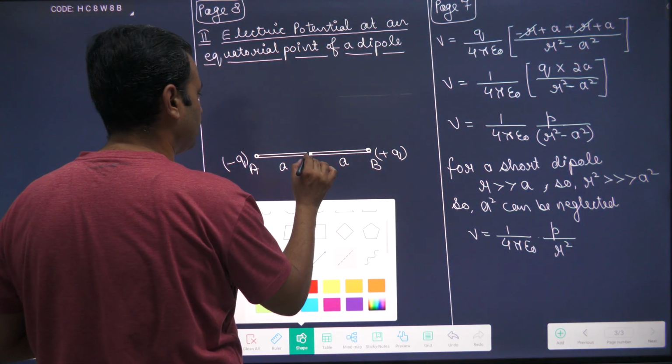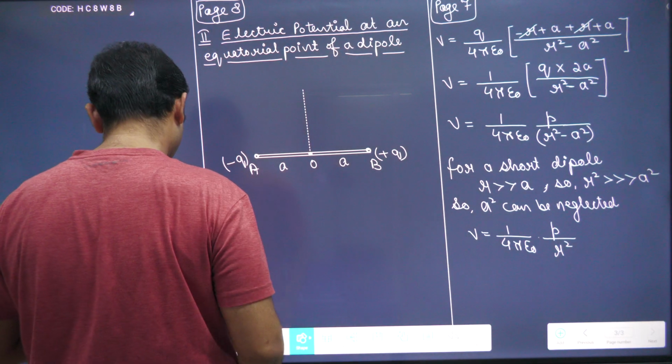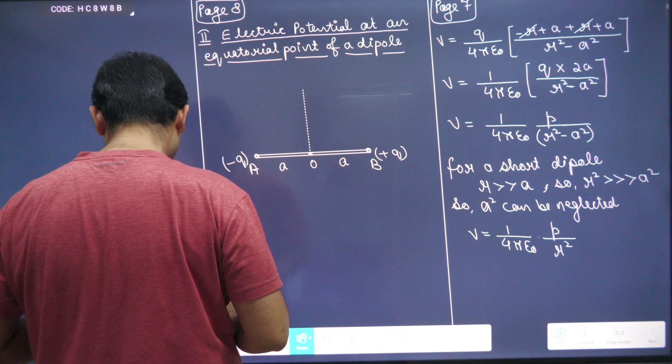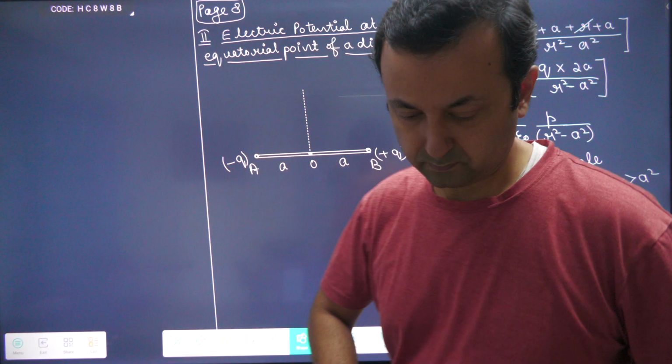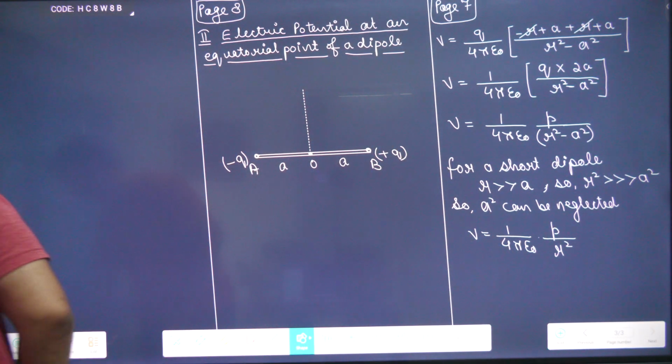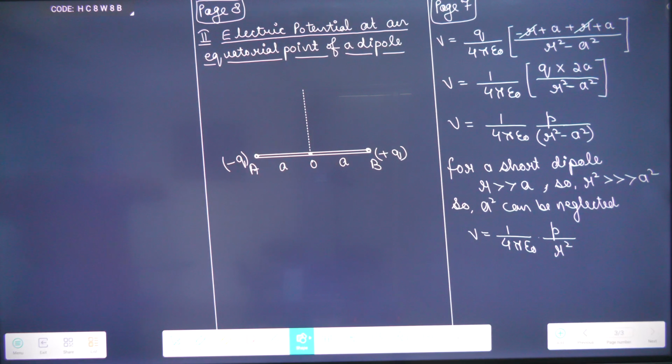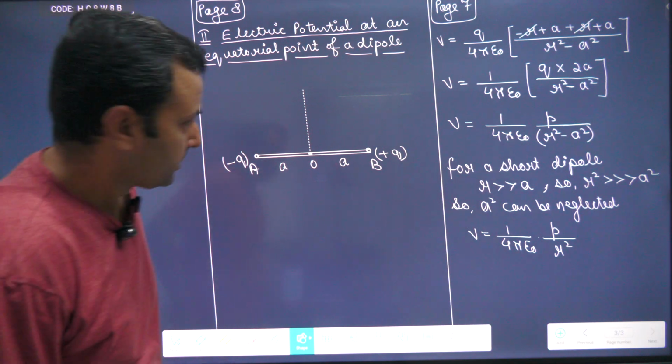And I am considering a point on the perpendicular bisector, the equatorial point.